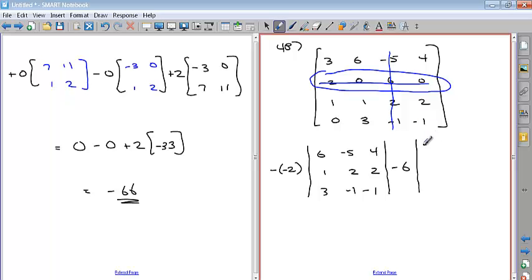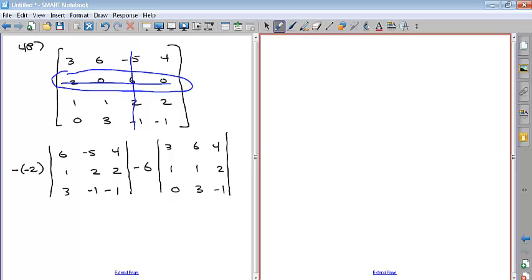And what's left is 3, 6, 4, 1, 1, 2, 0, 3, -1. Okay, now we have to do it again on these matrices. So what I'm going to do is we're just going to do these separately. And then once we get a number, we can multiply everything out.